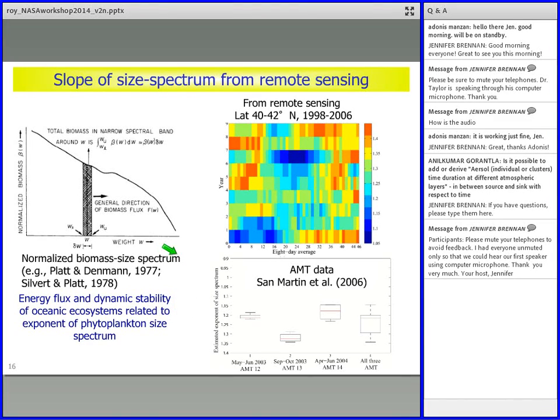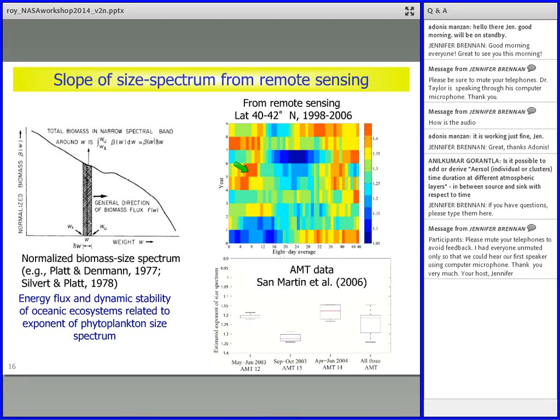Once we calculate the chlorophyll concentration at each size level, we can calculate the slope of the size spectrum, which has been plotted here for this location. And we can see that the slope of the size spectrum varies between the years, and also within a given year. The total variation of the slope from its mean value is within plus or minus 15%.